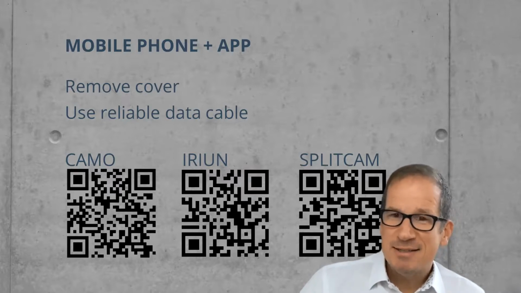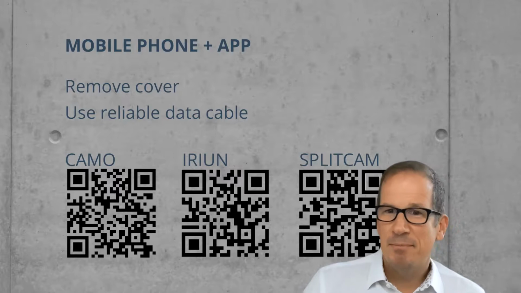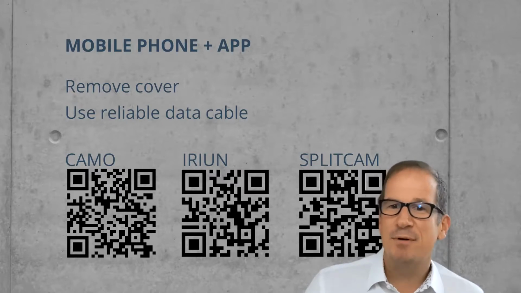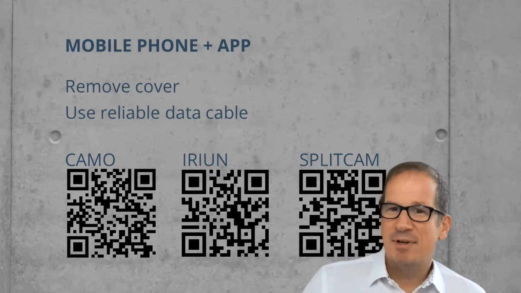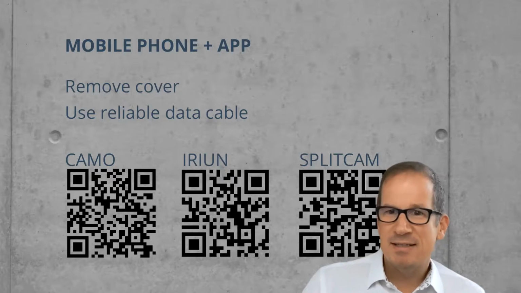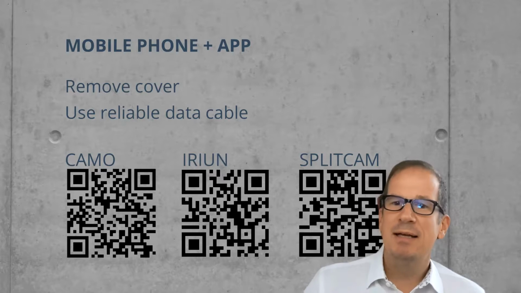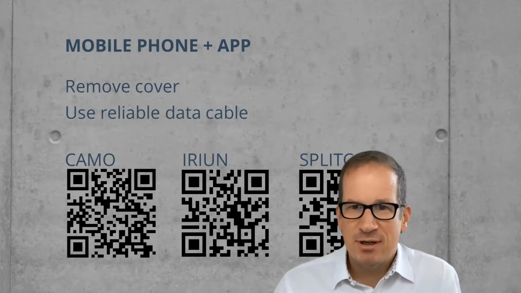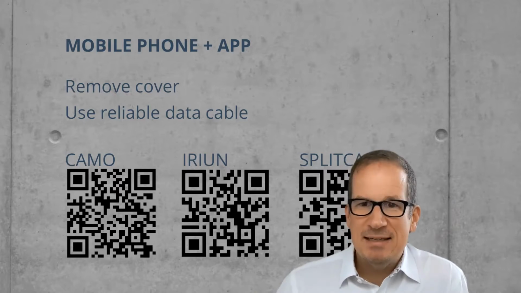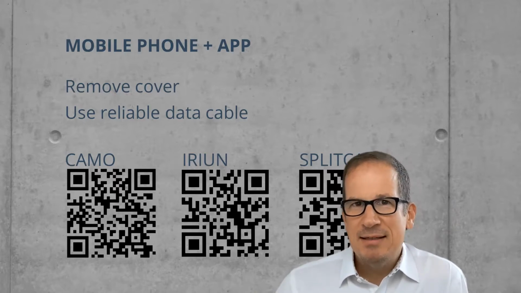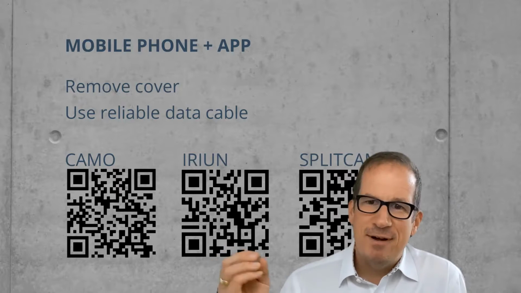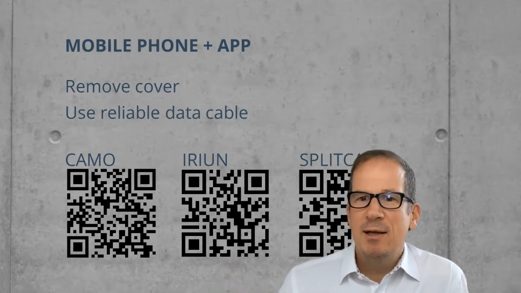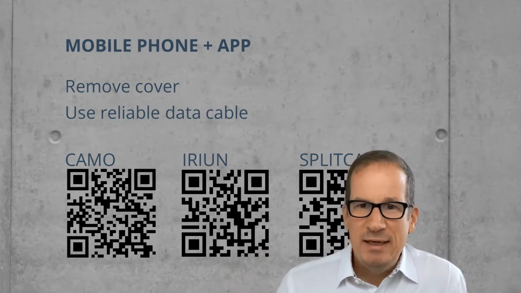So that should be easy enough. Typically, the biggest struggle is you must remove the cover of your phone, because the phone might get warm and then it stops recording, and you need a reliable data cable. So not just a charger cable, but a data cable, and it must fit very well in the phone, because that is the weakest link.